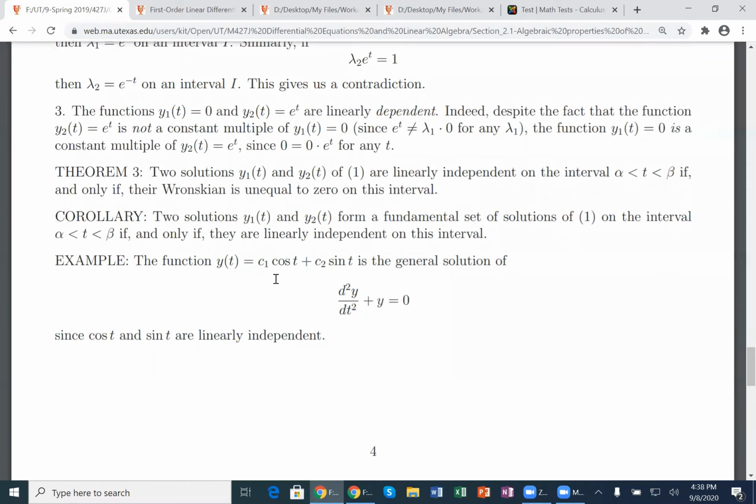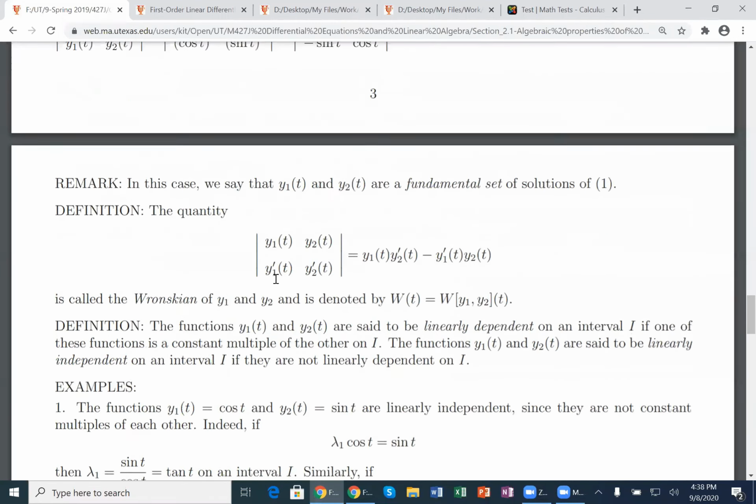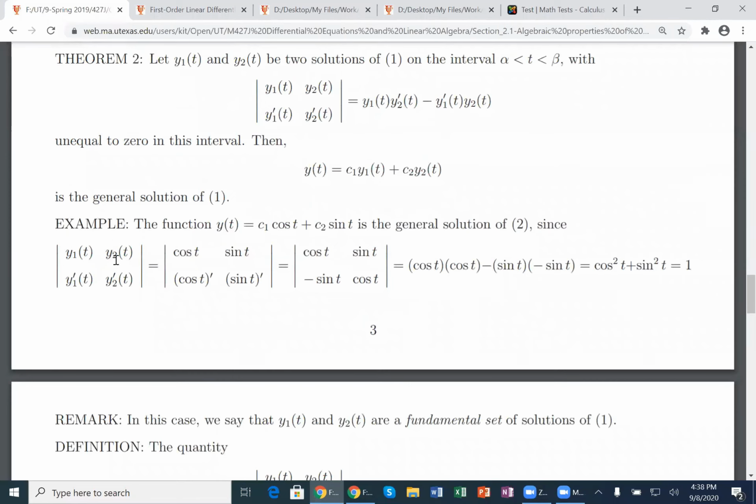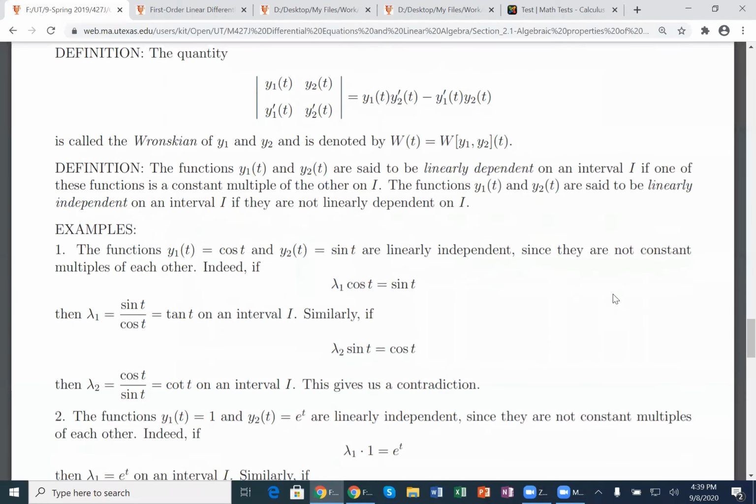Way number 1 is to find the Wronskian of these two solutions. If the Wronskian is not equal to 0, C1y1 plus C2y2 is the general solution. If the Wronskian is equal to 0, C1y1 plus C2y2 is not the general solution.